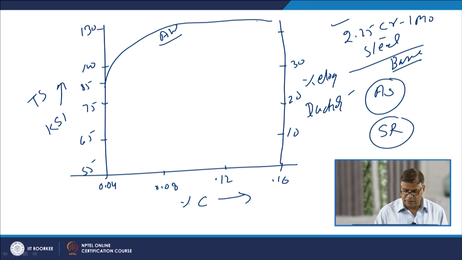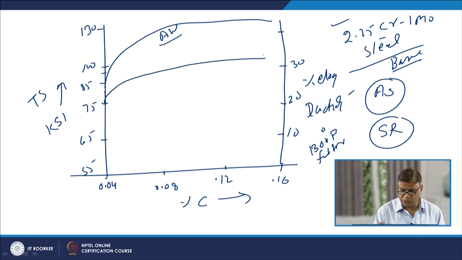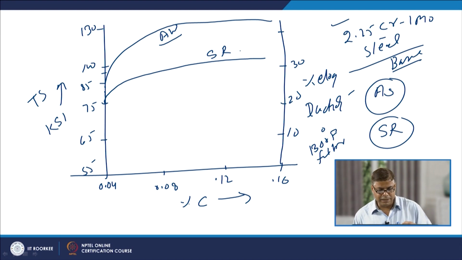On the other hand, when we perform the stress relieving treatment, say exposure of the weldment at 1300 Fahrenheit for 1 hour per inch thickness, then the tensile strength is reduced, and we get a huge reduction in the property. So, this is stress relieved, the tensile strength of the weld metal in a stress relieved condition as a function of the carbon content.